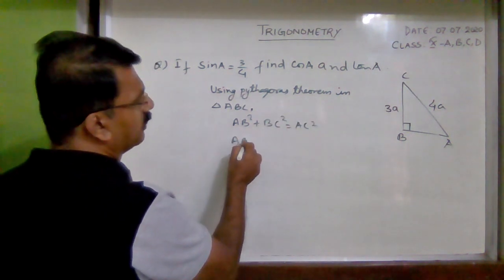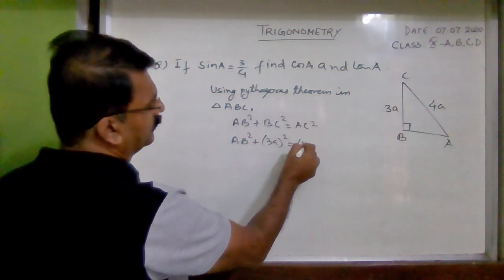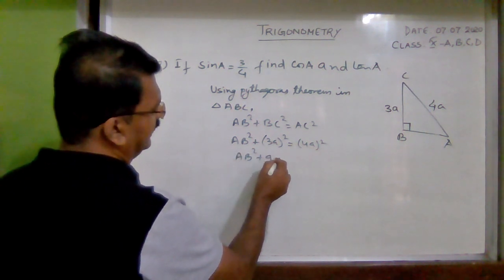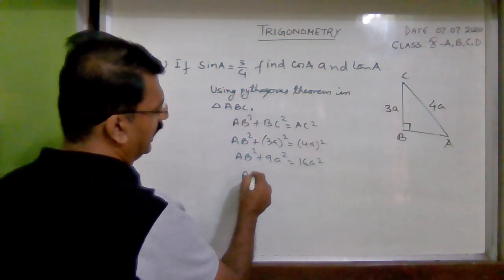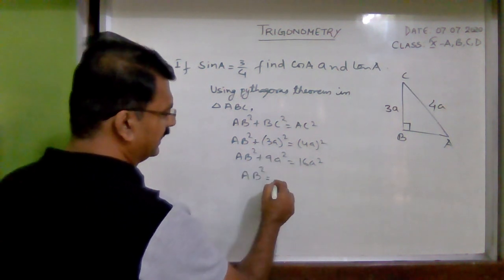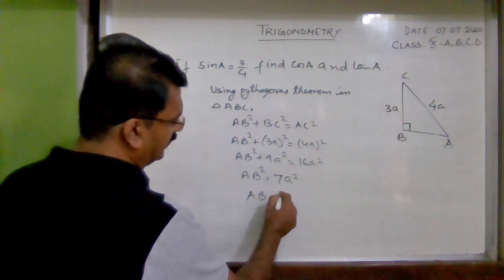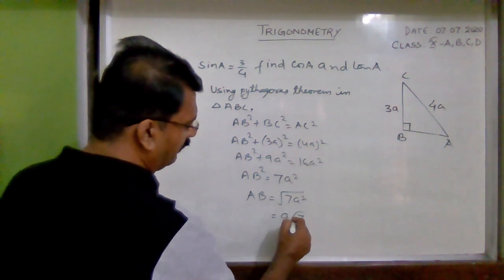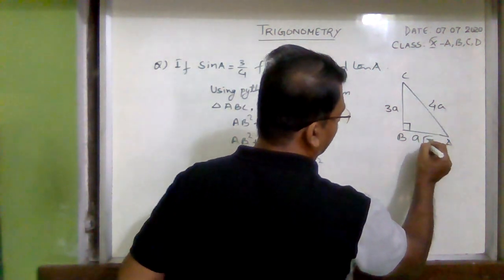That is AB² + (3a)² = (4a)². That is AB² + 9a² = 16a². That is AB² = 16a² minus 9a², which gives you 7a². So AB will be equal to under root 7a², which is nothing but a root 7. So we have found that length of AB will be a root 7.